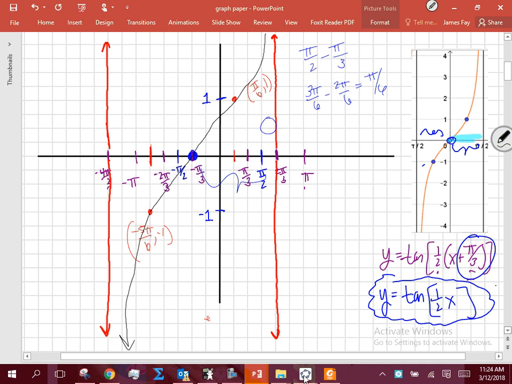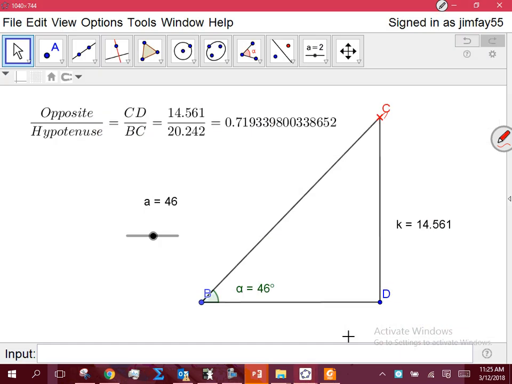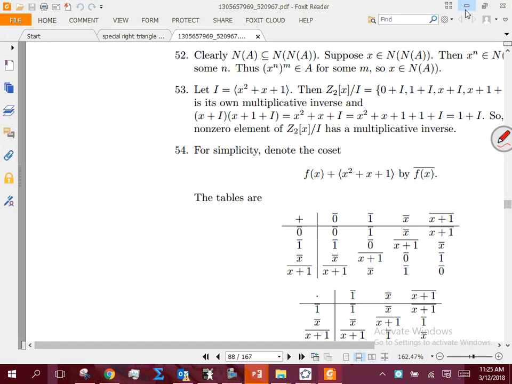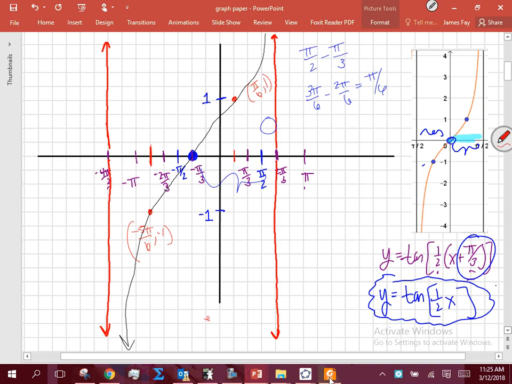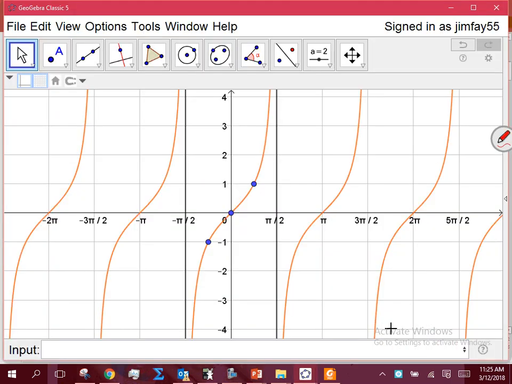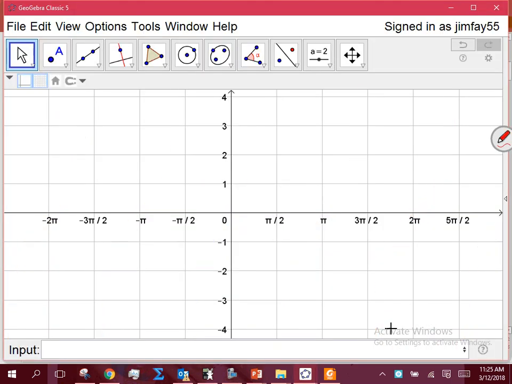Now, I'm going to go back to GeoGebra and just see if indeed what we've done can be mimicked by the computer, because the computer does a much better job of graphing than we do, right? Okay. So I'm just going to graph tangent of 1/2 x.